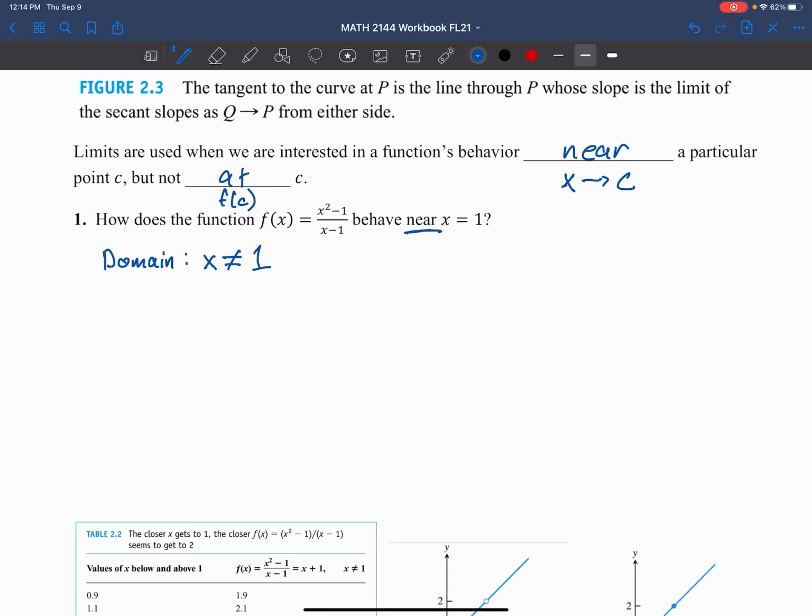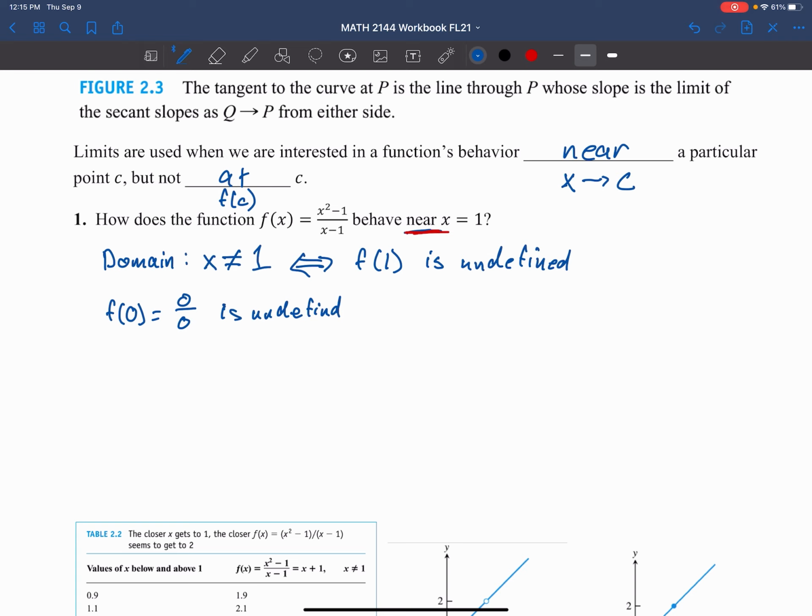Another way to think about this is to say that f of 1 is undefined. We can't even talk about what is happening at 1 because it's not defined there. So that's why we're now going to transition to this idea of near. Just to fill this out, for f of 1 the issue is that we get 0 over 0, and that is undefined.